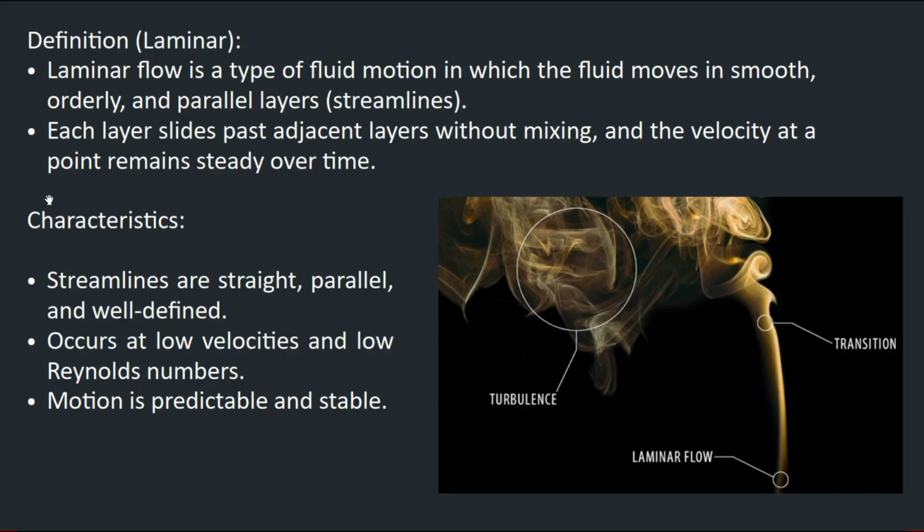In laminar flow, each layer slides past the adjacent layer without mixing, and the velocity at a point remains steady over time. Say we are looking at a laminar flow like this. If I take any small section and observe that particular space, it's not that the particles are stationary, they're moving up.